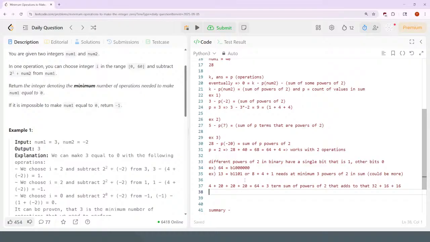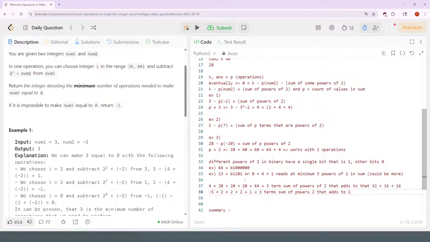Like if the 3 terms added 2, let's keep it simple, say -5 plus 2 plus 2 plus 2. That's the 1. And I would need to have a 3-term sum of powers of 2 to 1. That just can't work. 1 is too small.